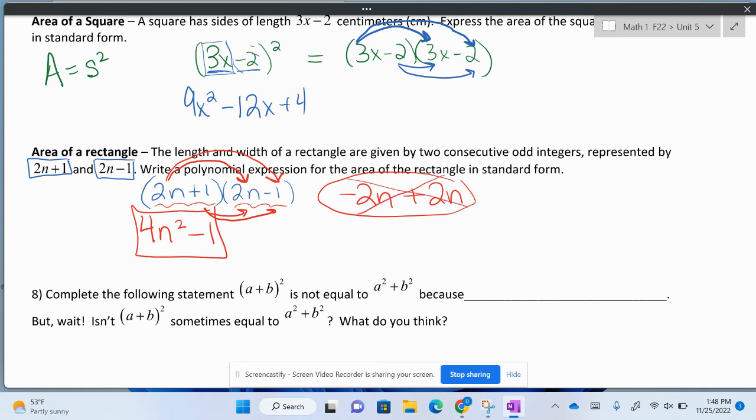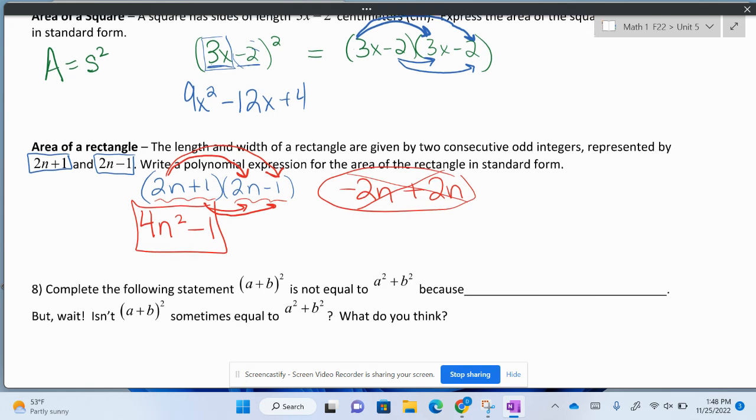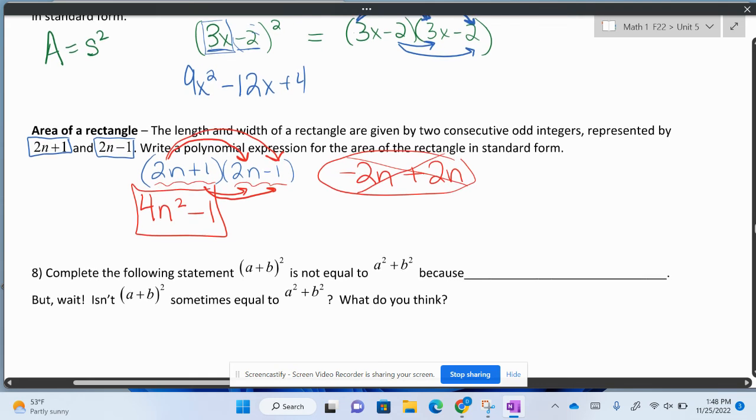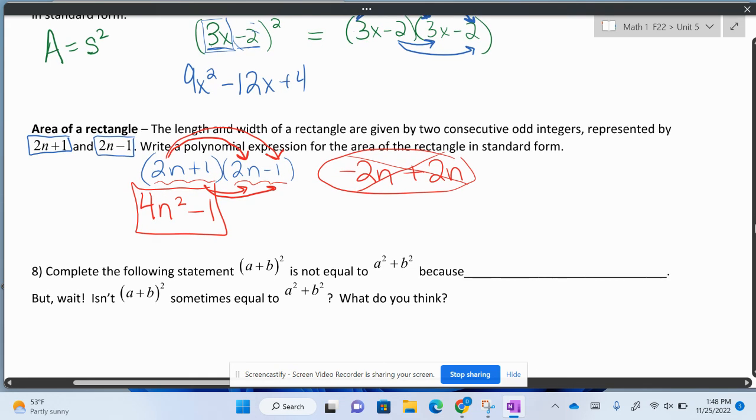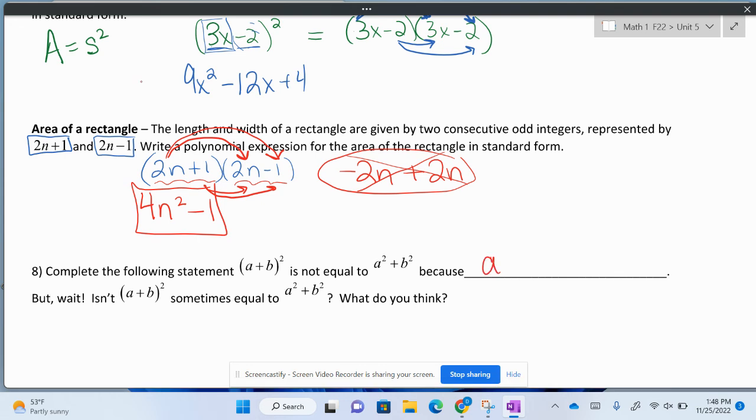So it says complete the following statement. A plus b, the quantity squared, is not equal to a squared plus b squared because, well, why is that? Why are they not equal to each other? Well, they're not equal to each other because a plus b, the quantity squared, equals a squared plus 2ab plus b squared.